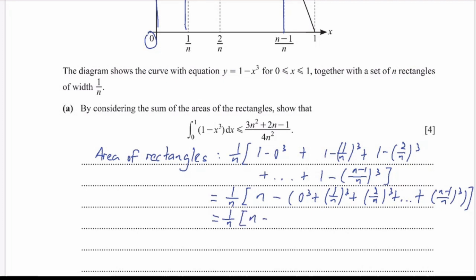We can factorize the n cubed out from the denominator, so inside it becomes 1 cubed, 2 cubed, and so on until n minus 1 cubed.